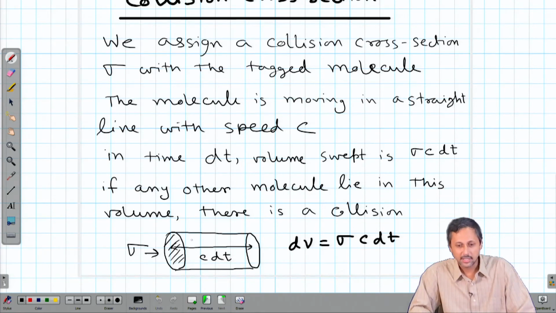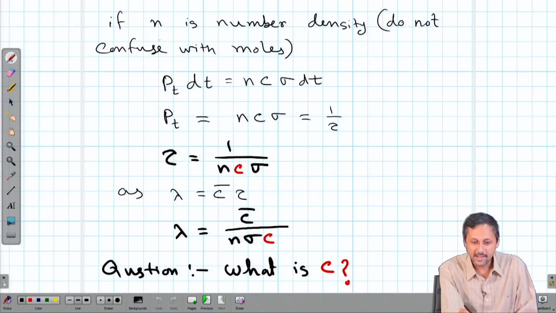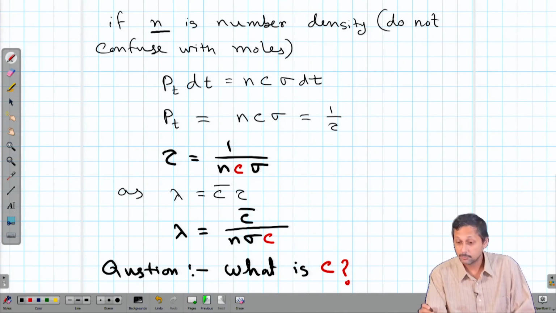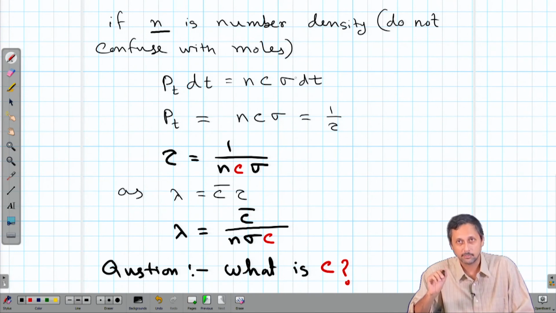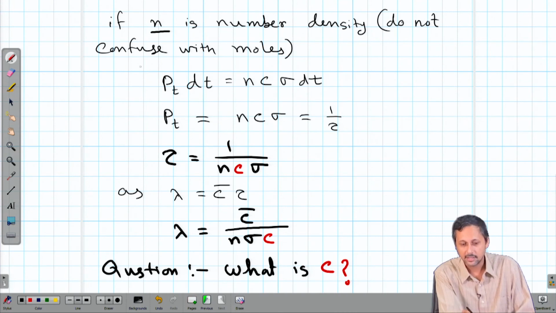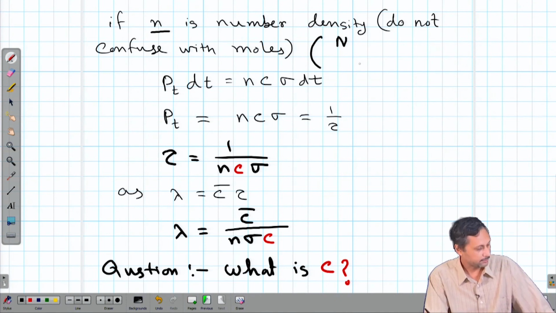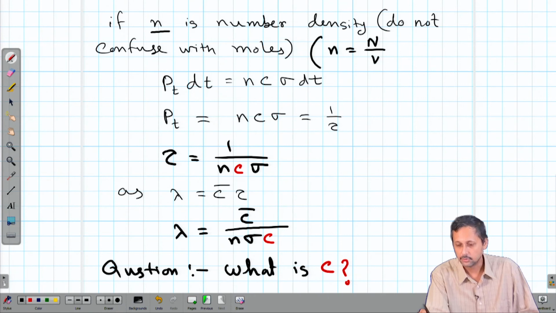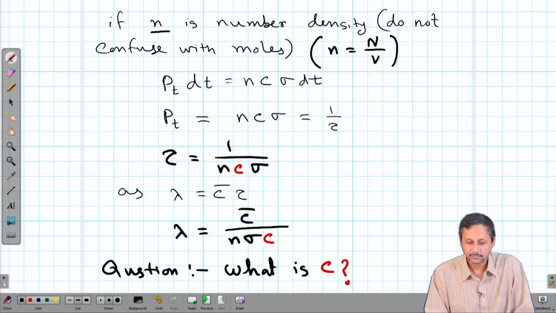So, that is why, if n is the number density of the gas molecules, and please do not confuse it with the number of moles. So far we have used n only for number of moles, but in this treatment n is the number density of molecules. That means if we have capital N molecules in a volume V, n is simply N by V, right.